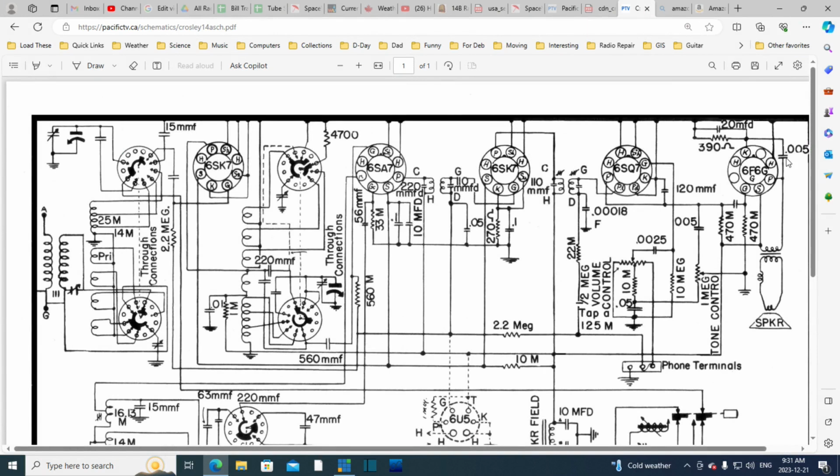So here we see a capacitor connected from the plate to the cathode, which is what you would expect. It's what I would expect. The objective of this is to kill any high frequency harmonics that might be coming out of these tubes. These tubes generate harmonics. Well, in my radio, instead of it being connected here, it's connected here.